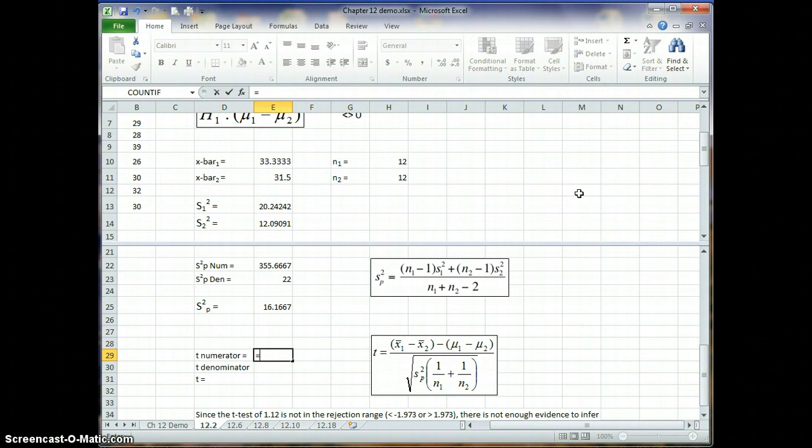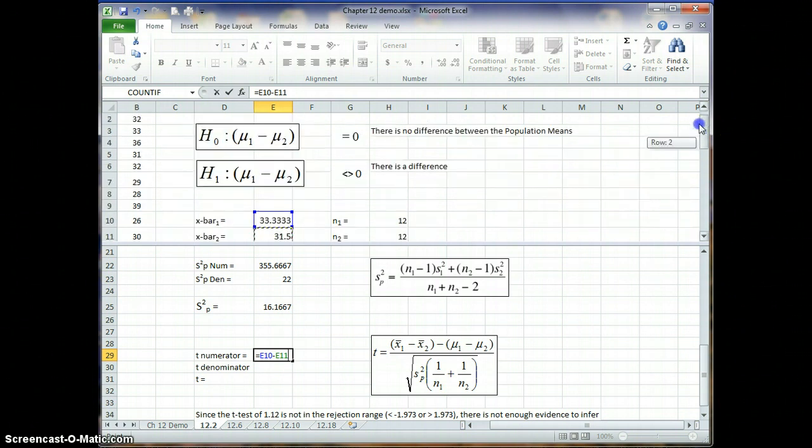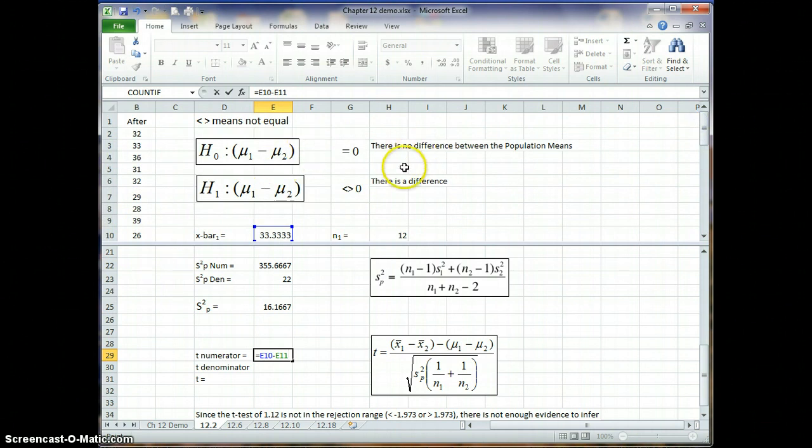So it equals x bar 1 minus x bar 2, minus 0, since the hypothesis we're using is that there's no difference between the population means. That gives us 1.83333. So that's the numerator.